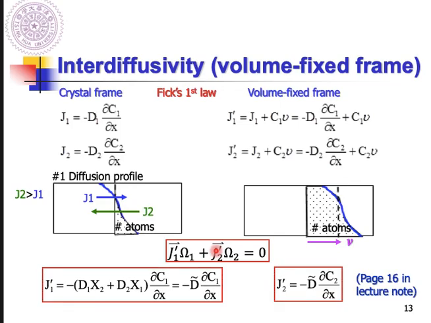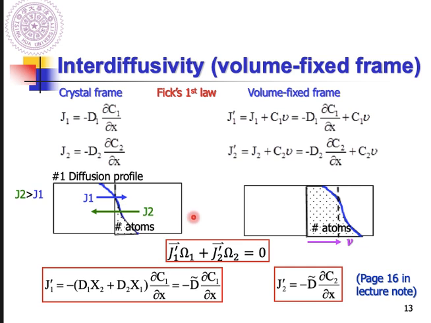Let's give you a quick review of the previous class. In the previous class, we introduced three different types of diffusivity based on different material systems and different observation coordinates.